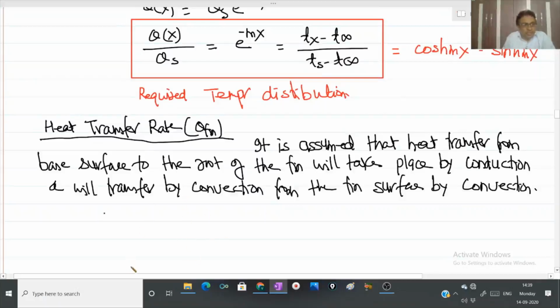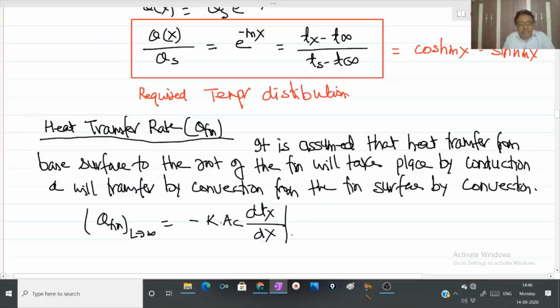So the rate of heat transfer by fin of infinitely long length can be given as minus K into AC into the temperature gradient along the length of the fin dT/dx, and this entire temperature gradient will be at x equal to 0. And from where have we got this?